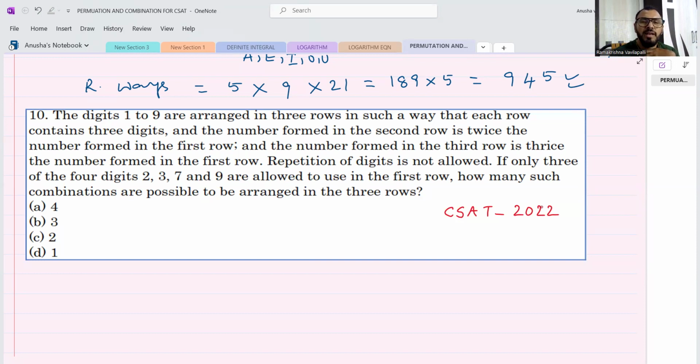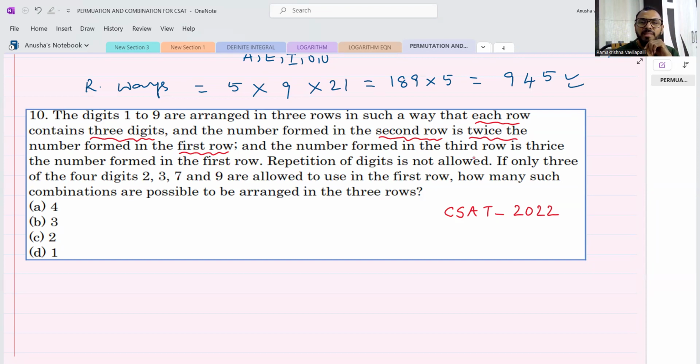rows of given numbers. See, the digits 1 to 9 are arranged in 3 rows in such a way that each row contains 3 digits. And the number formed in the second row is twice the number formed in the first row. Which means that whatever number is written in the first row, we have to write double of the first number in the second row.